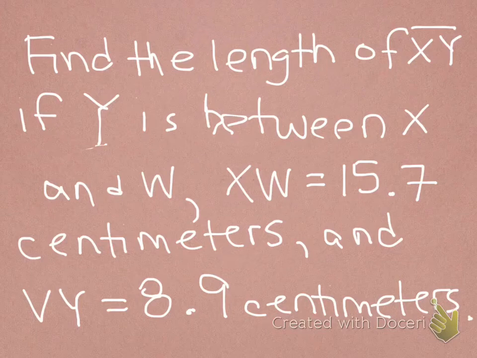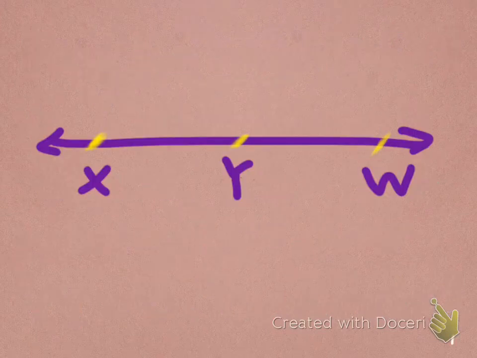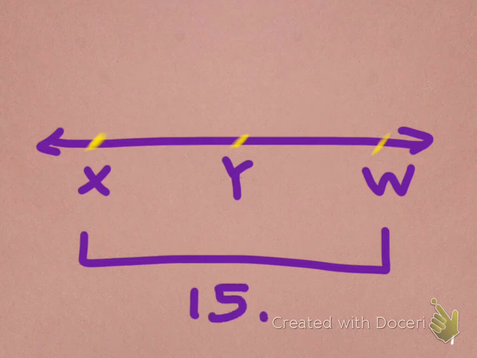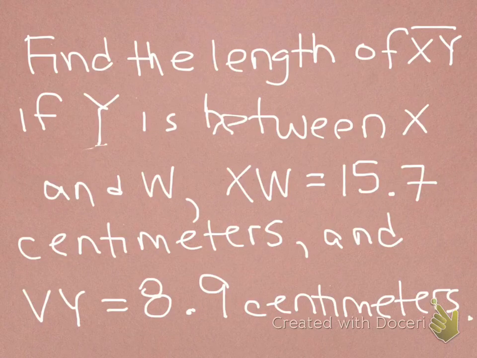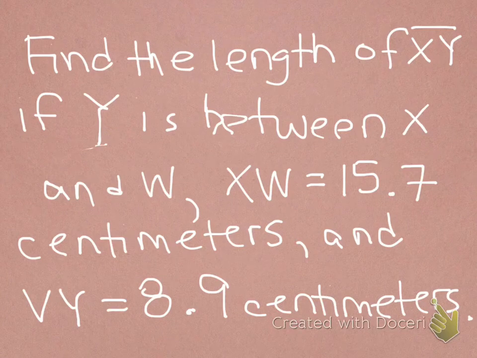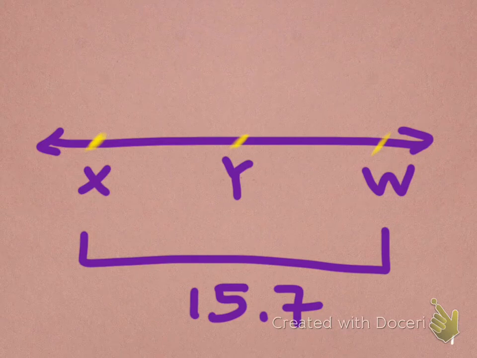This says XW is 15.7. That's the whole thing. And then I wrote that wrong. XY is 8.9. That's going to be here.